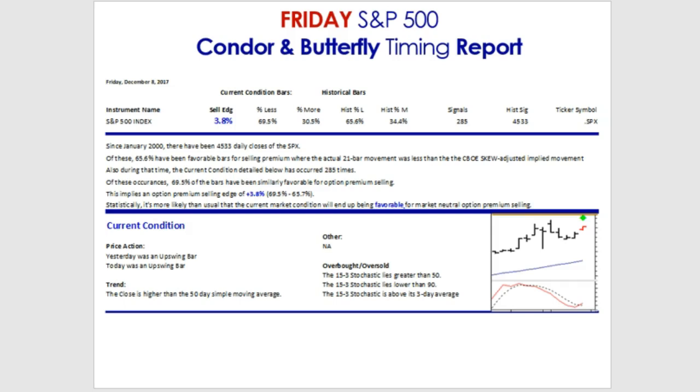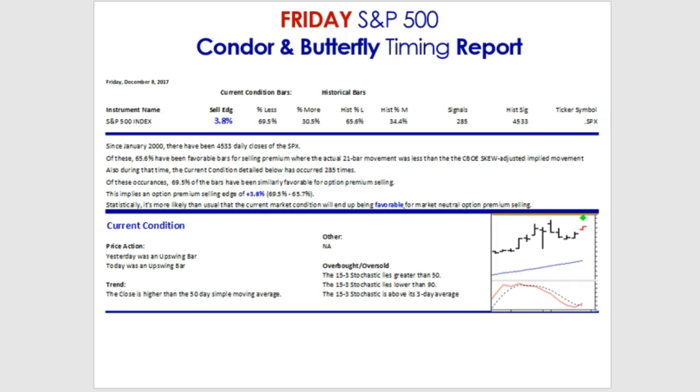That is, the option prices. So once again, two-thirds of the time, the market ends up not moving as much as what is being implied by the options prices. And so that's our baseline statistic.